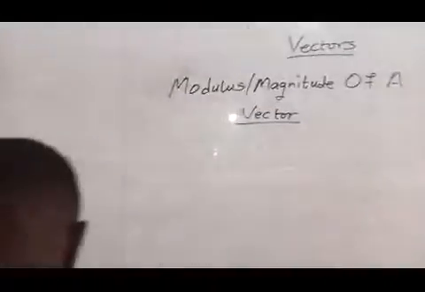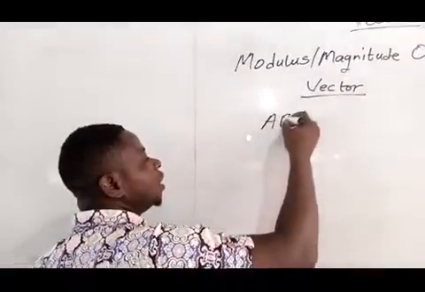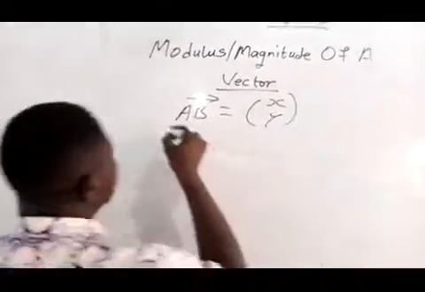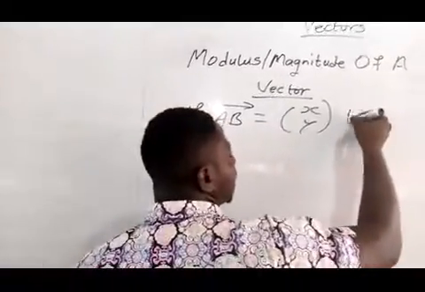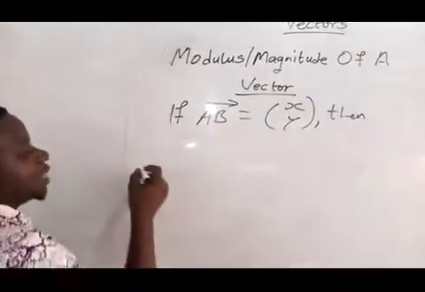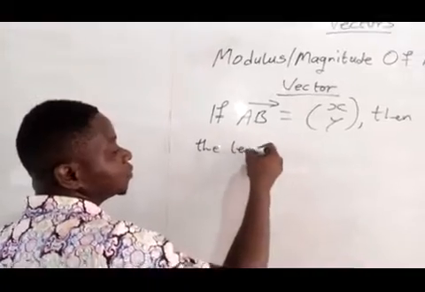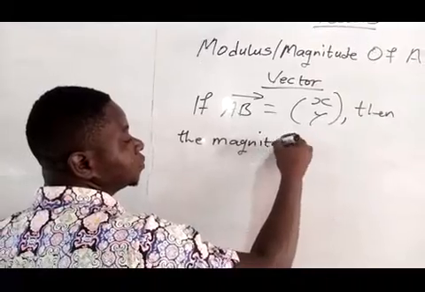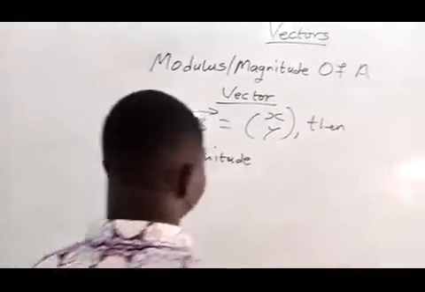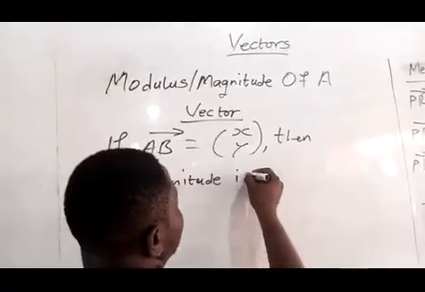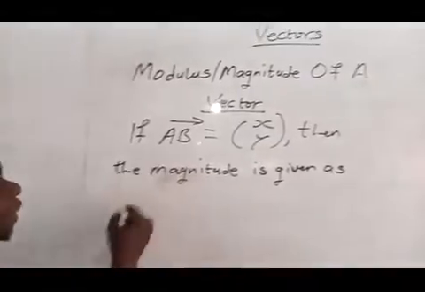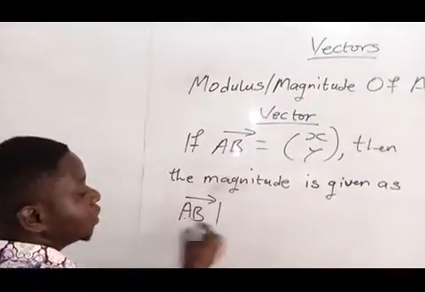Okay, now assuming vector AB has coordinates x, y, then the length or the magnitude is given as |AB|, like that.